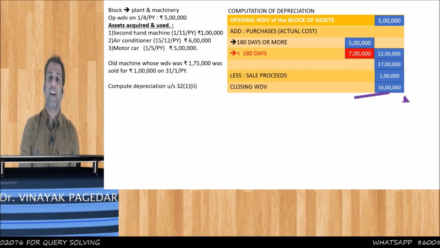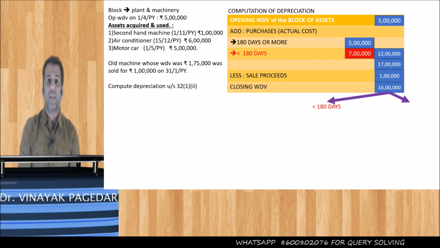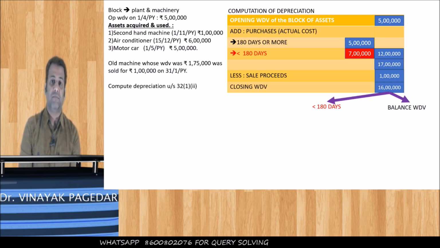Correct. Bifurcate it into two parts. Less than 180 days. The less than 180 days assets. How much? There you see whatever is in red, the 7 lakhs. And the balance WDV will be 16 minus 7. That will be 9 lakhs. Correct? So here we go.